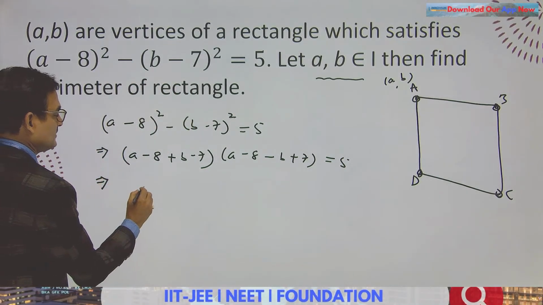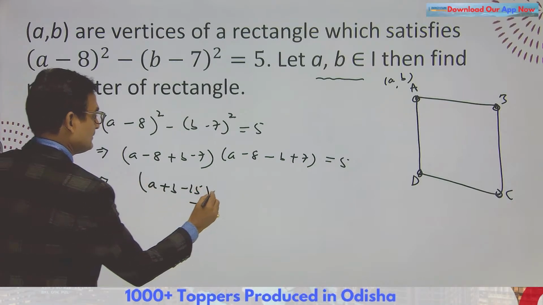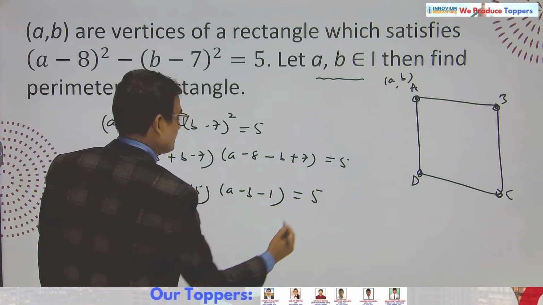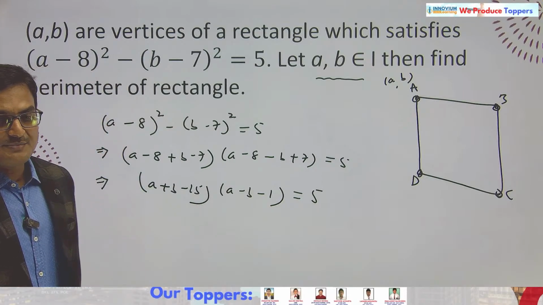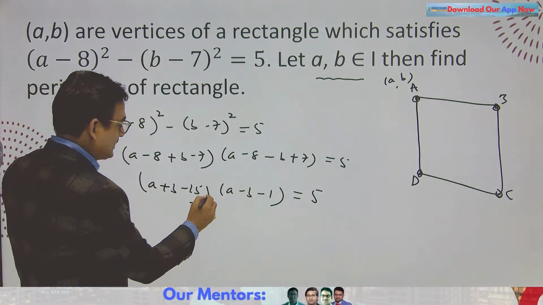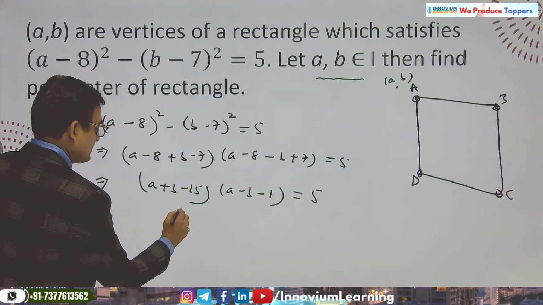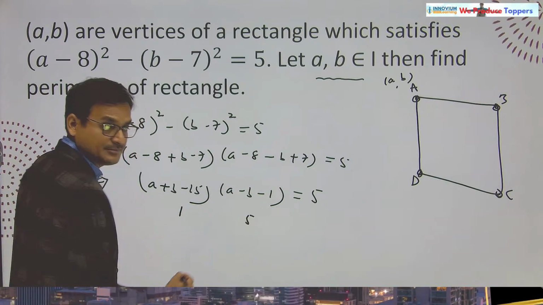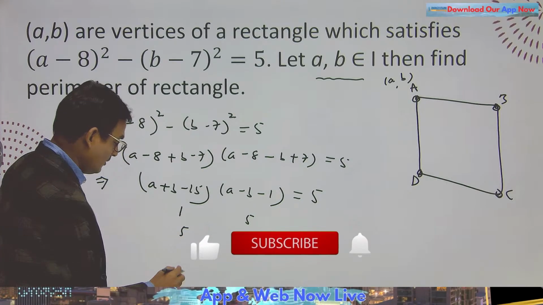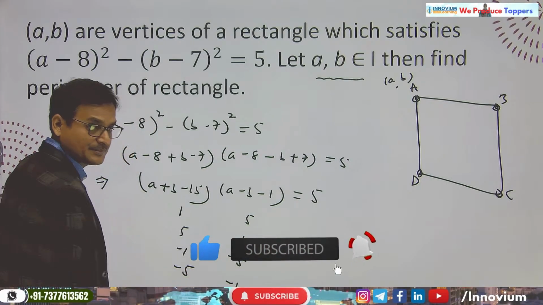This implies (A plus B minus 15) into (A minus B minus 1) equal to 5. Now, as A and B are integers, the product of these two factors is 5. That means this one can be 1, this one can be 5, or this one can be 5, this one can be 1, or this one is minus 1, minus 5, or this one minus 5, minus 1.